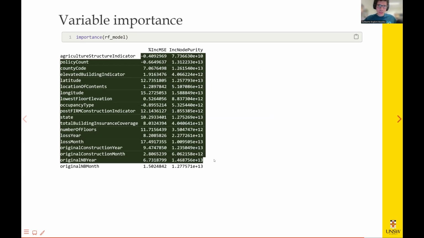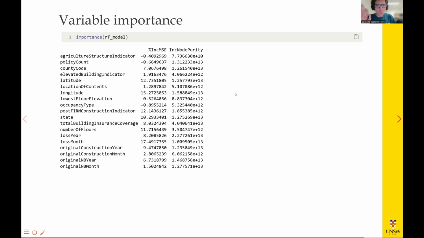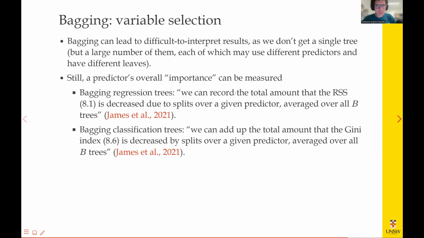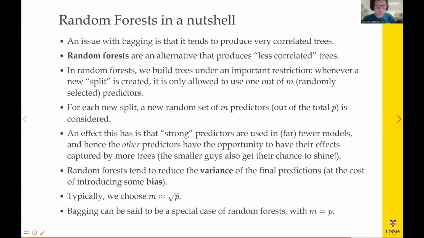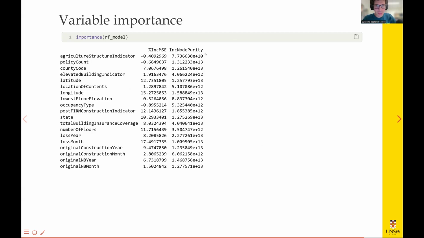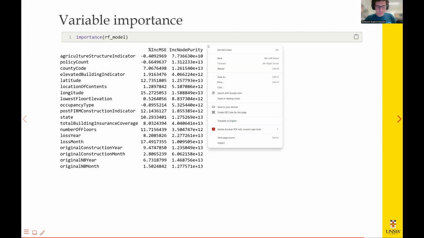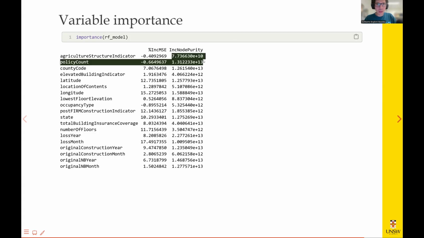Essentially, you're aggregating overall on average based on all the trees how important every predictor is. What is described by the textbook corresponds more to what is called node purity here. Node purity would be the overall average reduction in root mean squared error if it's a regression problem, or the Gini index if it's a classification problem.